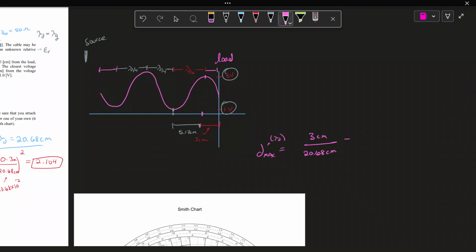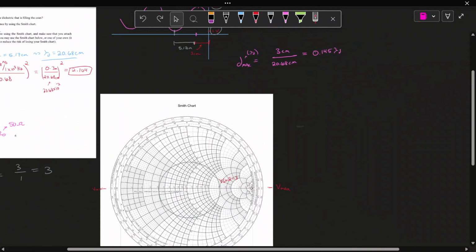You notice this gives us a ratio of wavelengths, and this gives us 0.145 lambda d. Now, this is lambda d because this one entire wavelength is lambda d. But we only want a portion of that. We only want to find the distance from the max point to the load. So we want to find only 0.145 lambda d.